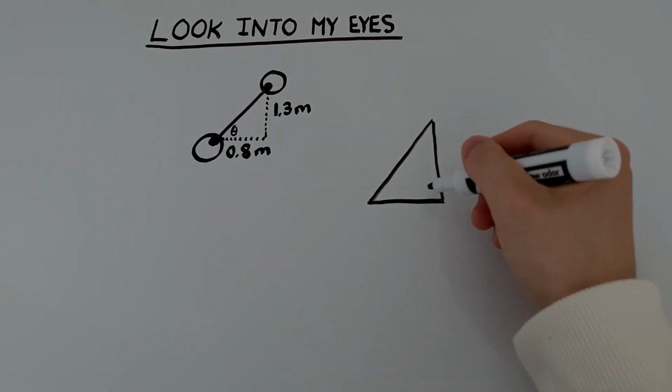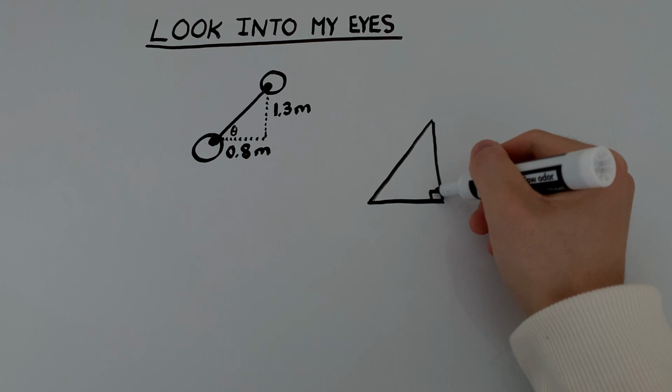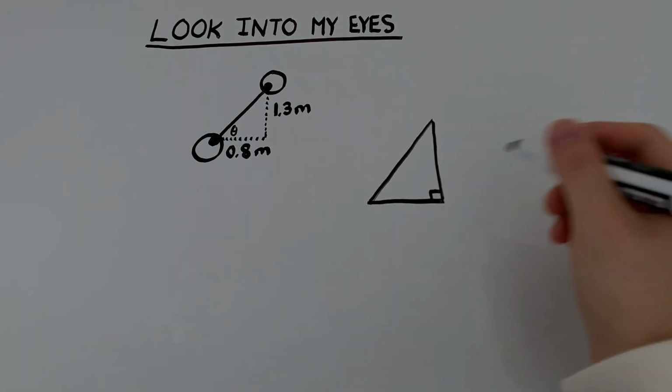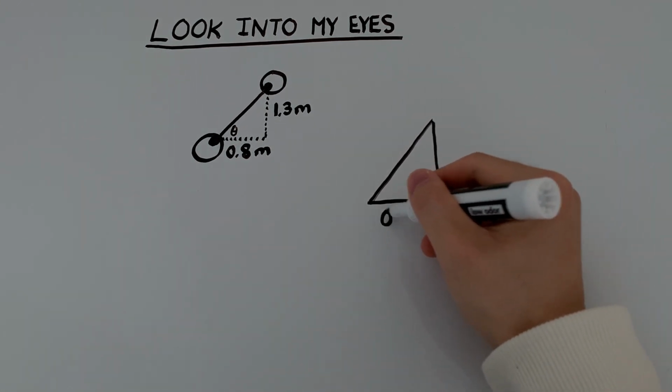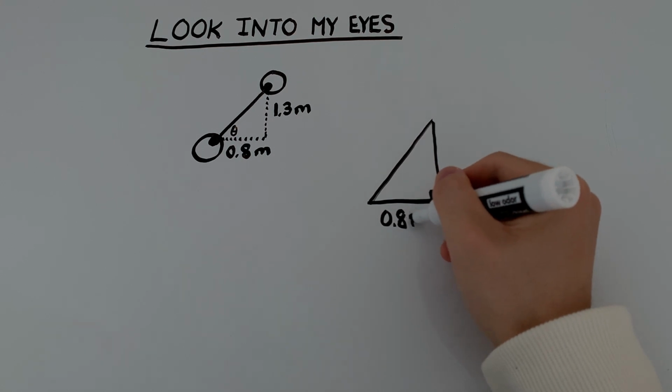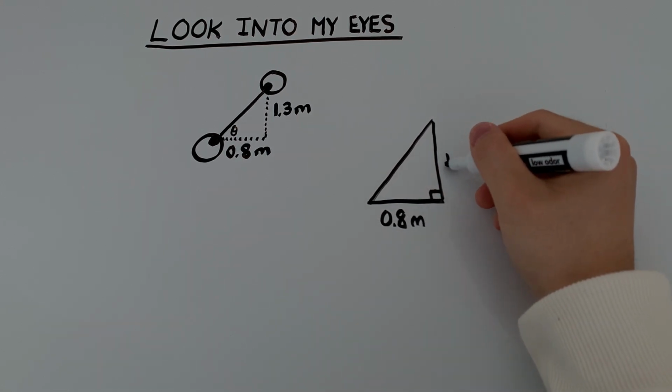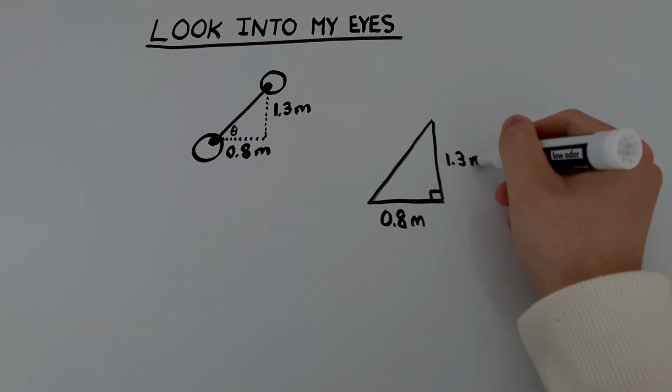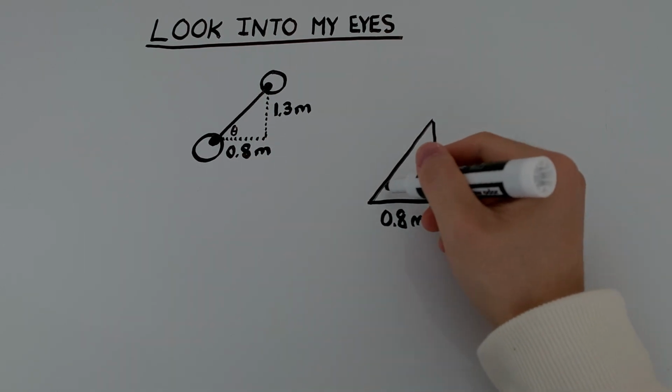Something like that. Let's fill in what we know. We know this side is 0.8 and this side is 1.3. And we need to find this angle.